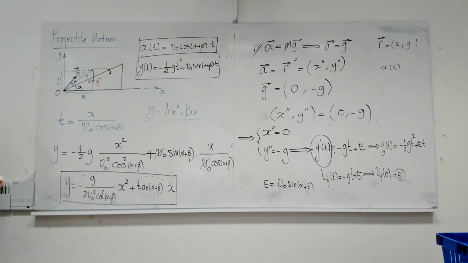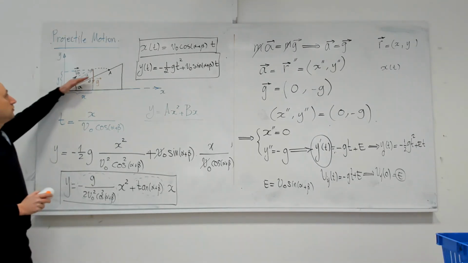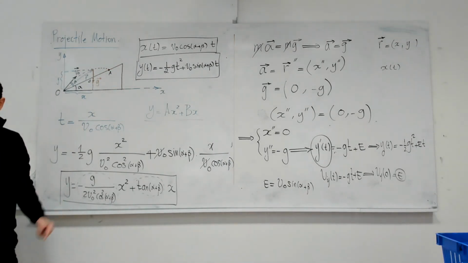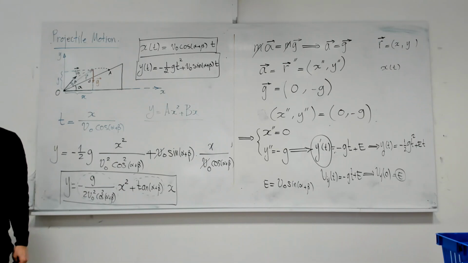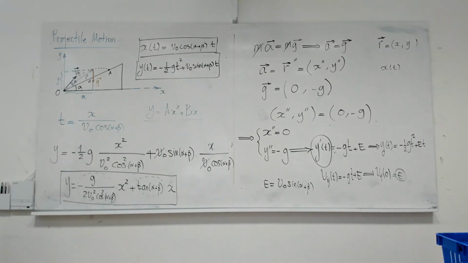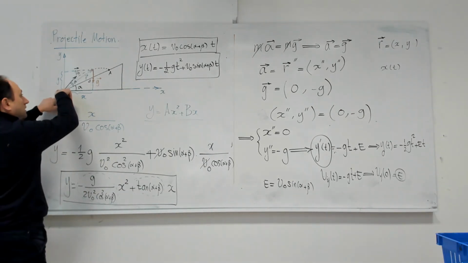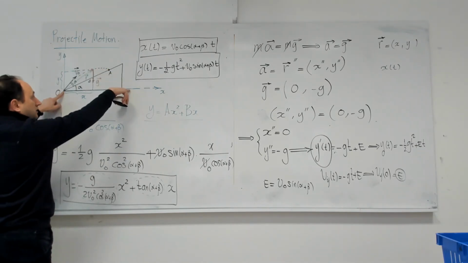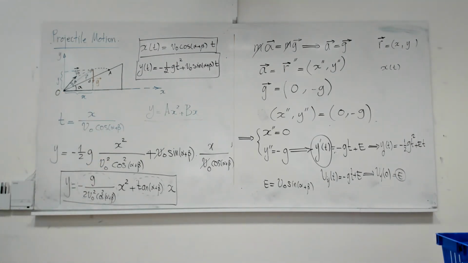Let me make sure that you know. Assume that this was not there and it will go back and hit the ground. What is the range? How do you calculate the range? The range is from here to the point that this particle hits the ground again. How do you calculate that? Can you tell me? Yes?